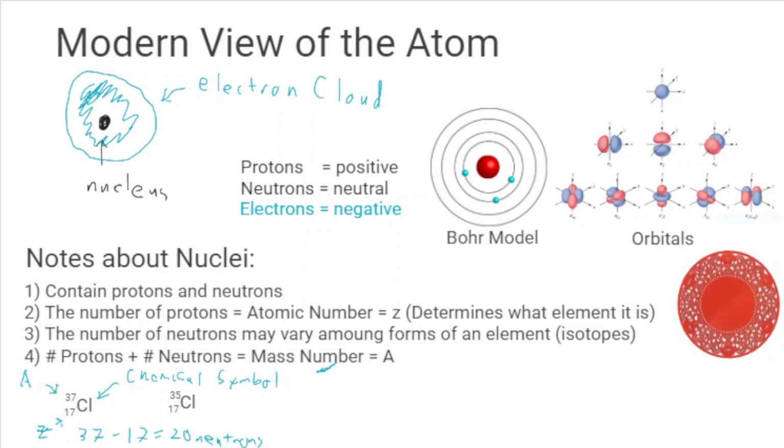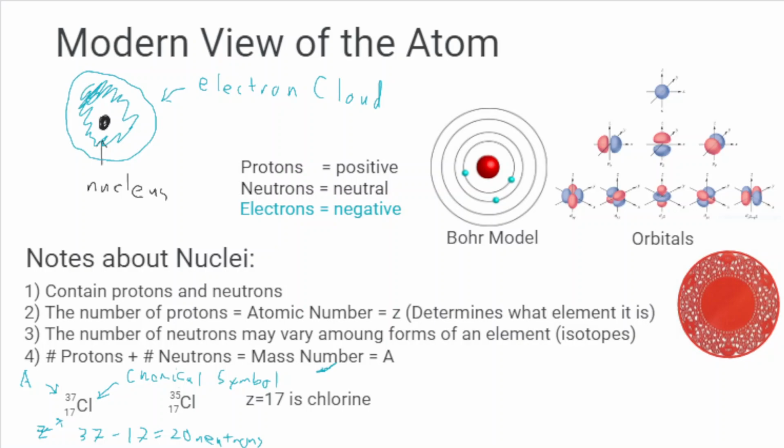So that would give us a total of 18 neutrons. So one of the things to keep in mind here is that for chlorine, our atomic number is always 17. We always have 17 protons. By definition, that's what makes chlorine. So all of our elements are determined by the number of protons that they contain.